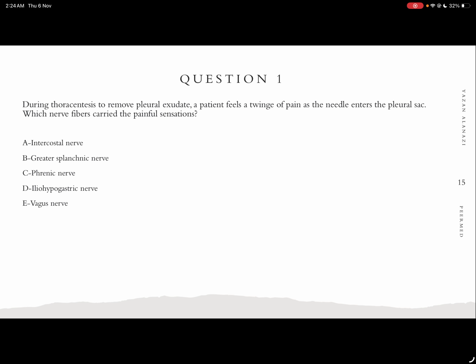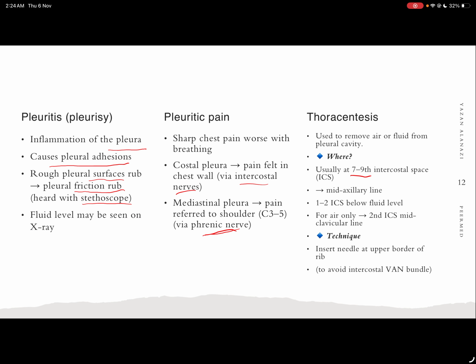Okay, question 1. During thoracentesis for fluid removal, a patient felt a twinge of pain as the needle entered the pleural sac. Which nerve's fibers carried the painful sensation? Let's get back. What did we say?